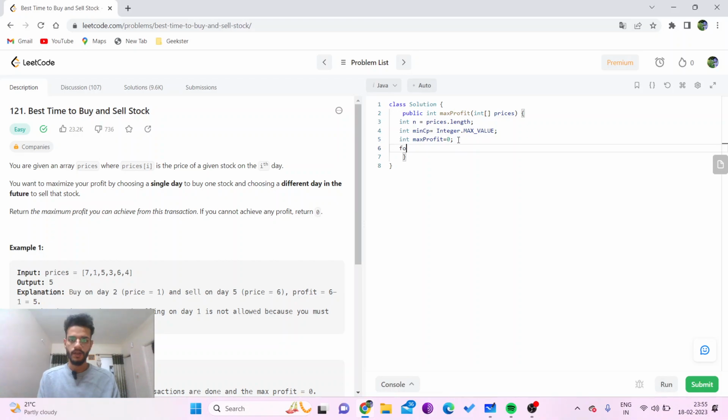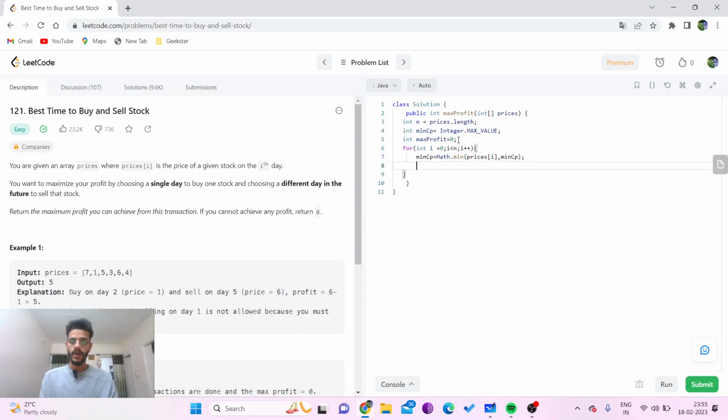Now I will iterate over the array. For min CP, the minimum we will store: Math.min of prices[i] and min CP. Between the two we will check.